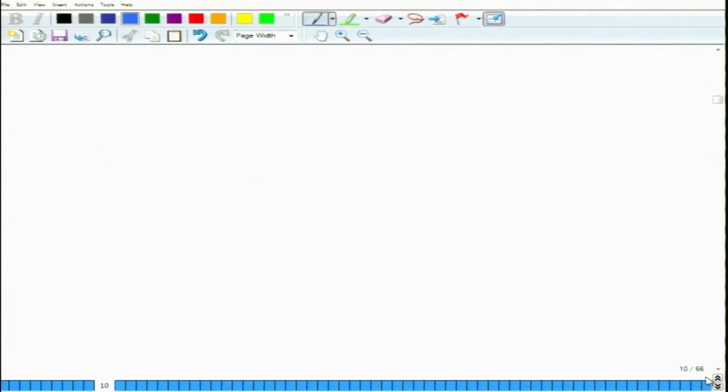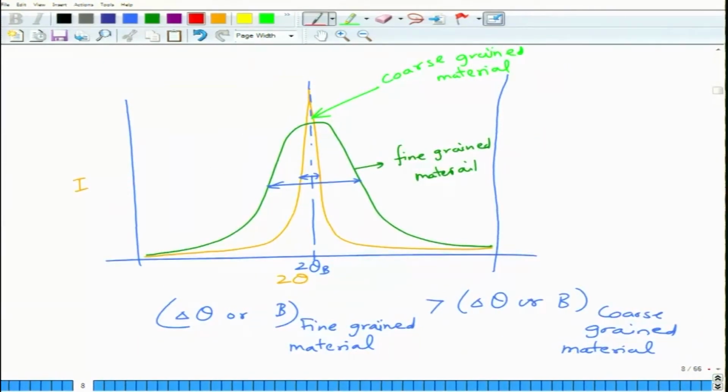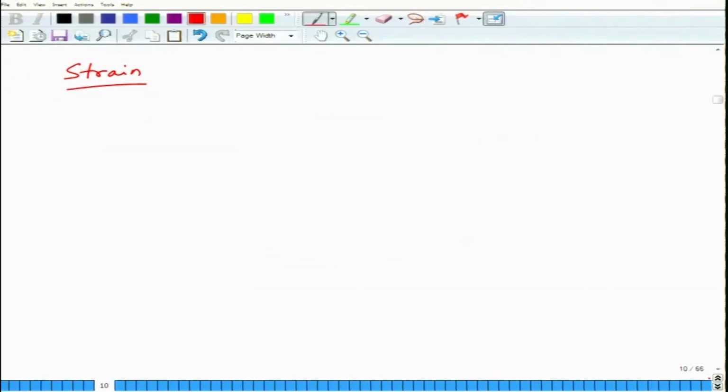The second thing which X-ray diffraction can give you is about the strain. The previous thing was about the particle size, or you can say crystallite size, okay. It can give you also an idea about the strain. So if you have a crystal which has lattice spacing like this, so this is, let us say, the equilibrium d.